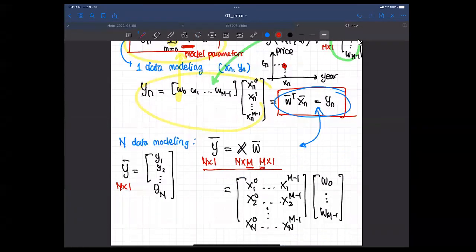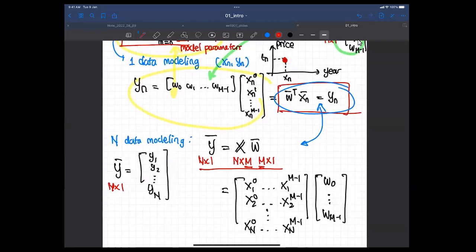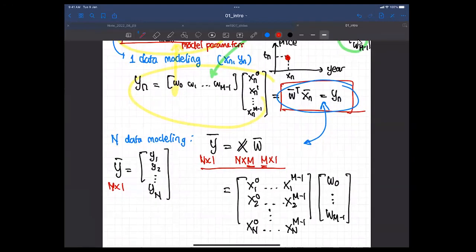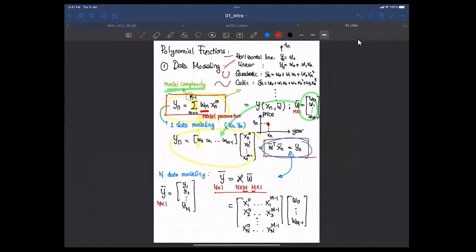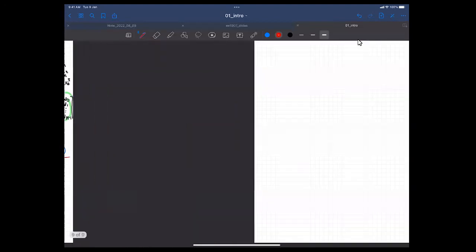This is how you model the data and samples of data. Any question, anyone? Okay, so that's how we get the modeling here. I assume that you understand this, so let's move on.